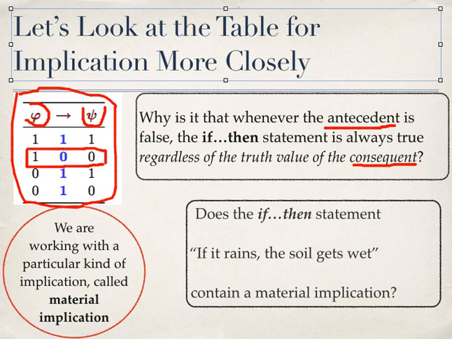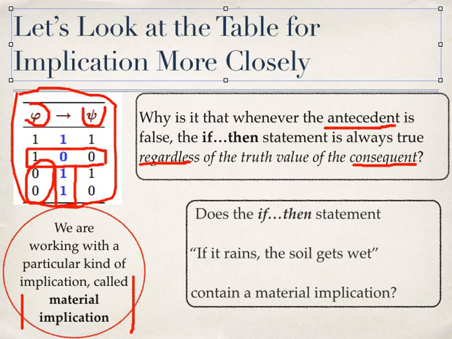Now, if the antecedent is false, as in the last two cases here, then the truth value of the implication will be true regardless of the truth value of the consequent. This is a little puzzling and has to be taken for granted. This is just how we are going to understand the meaning of implication, and this is called, in technical language, material implication.